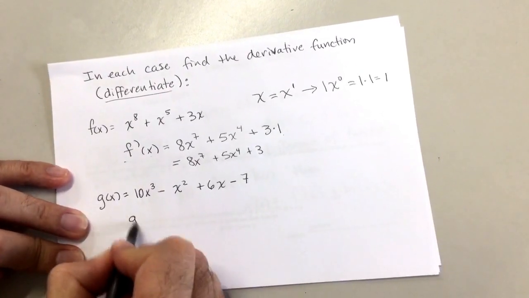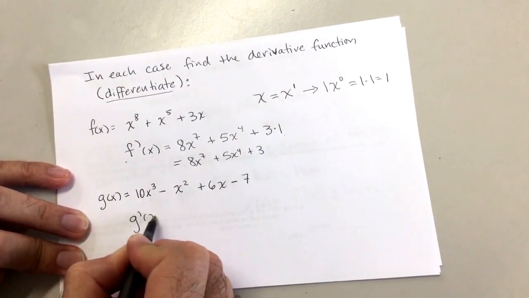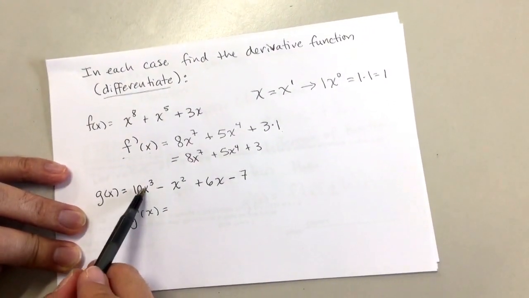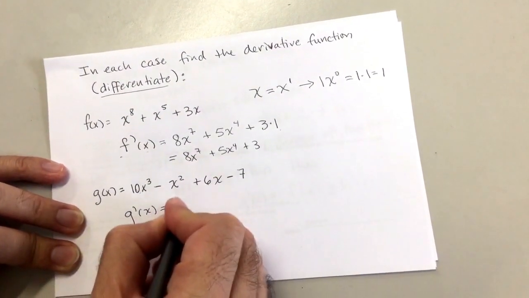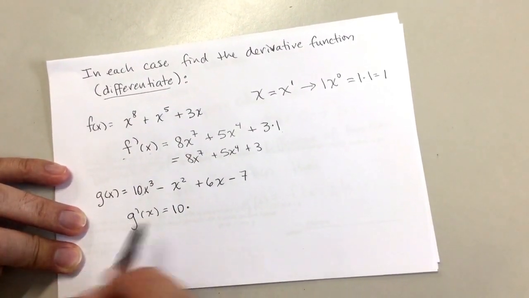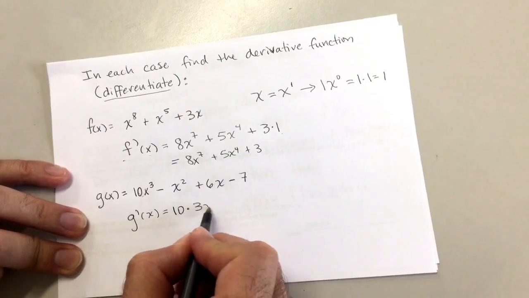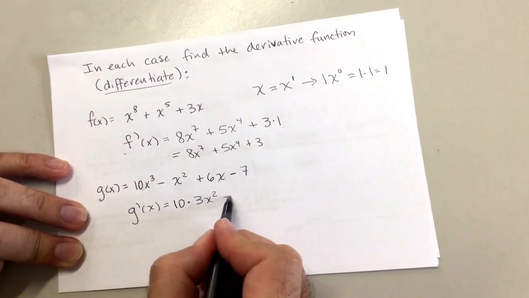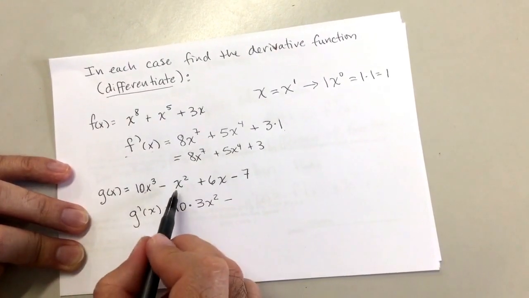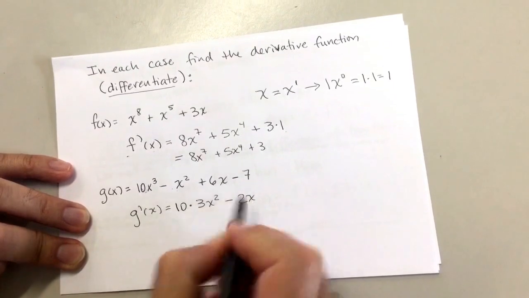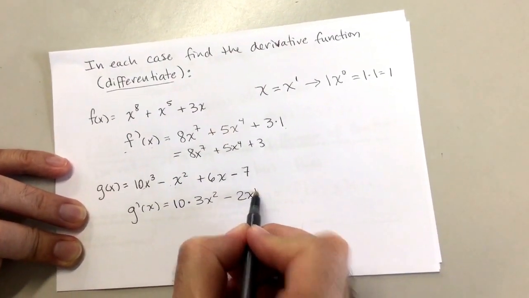Another one. g prime of x, the derivative of g. Okay, now here we have 10 times the derivative of x to the 3rd, which is 3x squared. Then we subtract the derivative of x squared, which we bring the 2 down. x to the 2 minus 1 is 1.